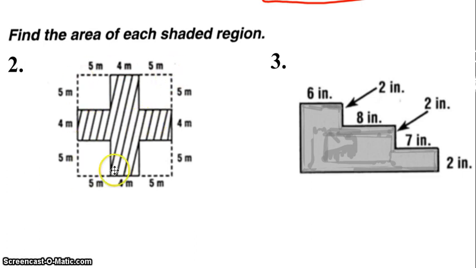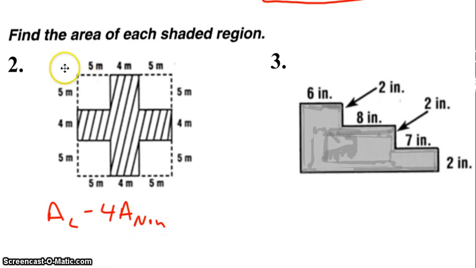I'm going to go ahead and do the larger one, so I'll do the area of the larger minus the 4 congruent non-shaded regions.